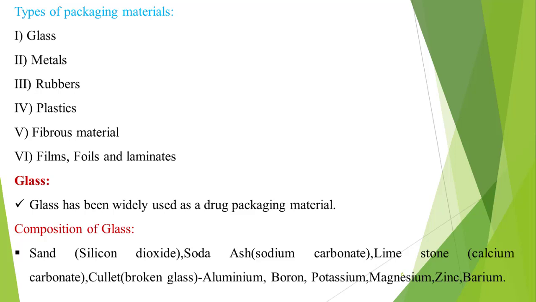Composition of glass: SiO2, that is silicon dioxide from sand, soda ash, that is sodium carbonate, limestone, that is calcium carbonate, cullet, that is broken glass, aluminium, boron, potassium, magnesium, zinc, barium.